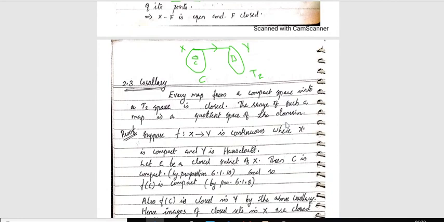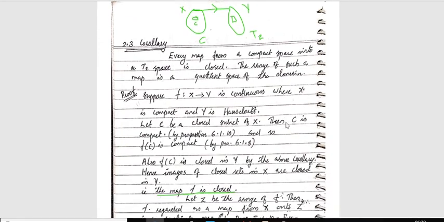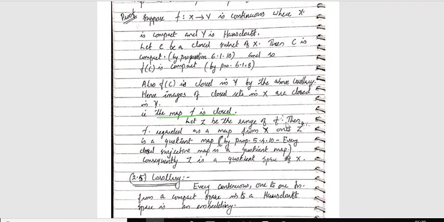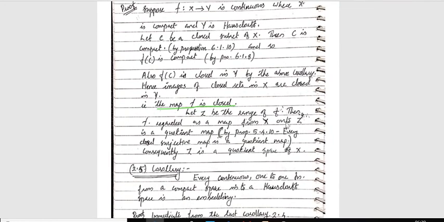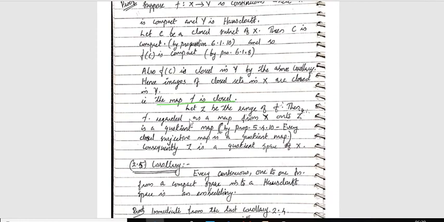Now we want to prove that the range of such a map is a quotient space of the domain. For that we should remember the result from the previous chapter: every closed surjective map is a quotient map. Now we have got that this map is closed. The only thing is to show that it is surjective.